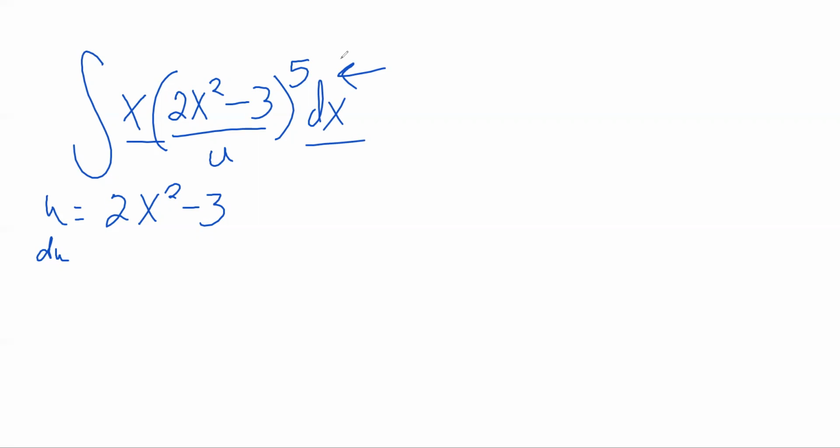But anyway, the derivative of u with respect to x is 4x. You can write it in differential form as 4x times dx. But as you can see, we only have x dx.